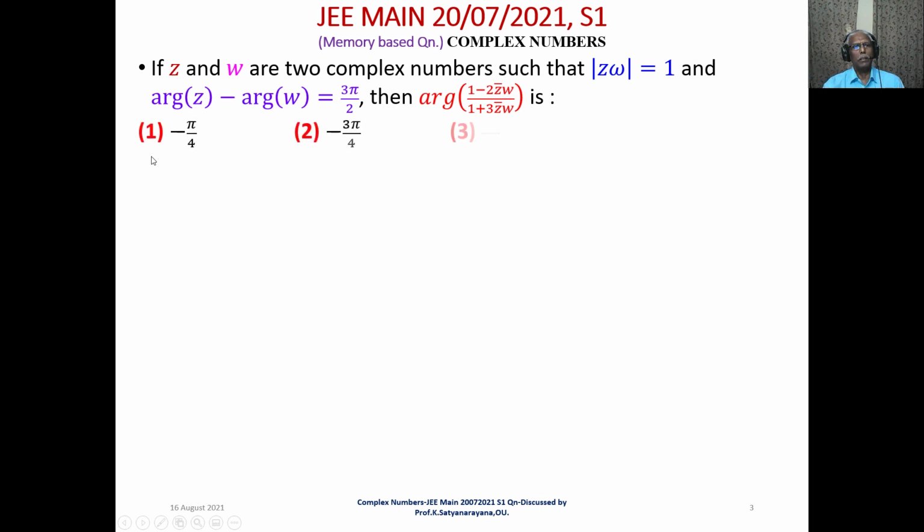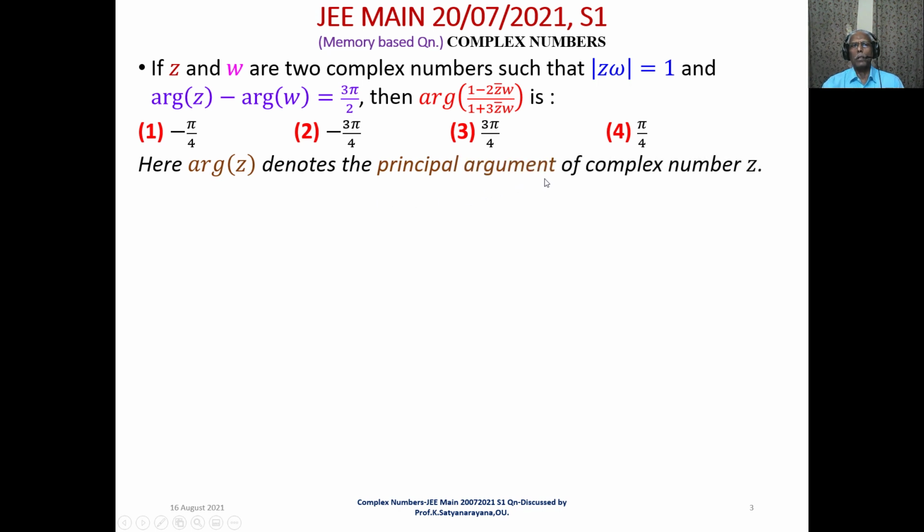The options are given: the first option minus π/4, second minus 3π/4, third 3π/4, the fourth π/4. Here the argument of Z denotes the principal argument of Z.